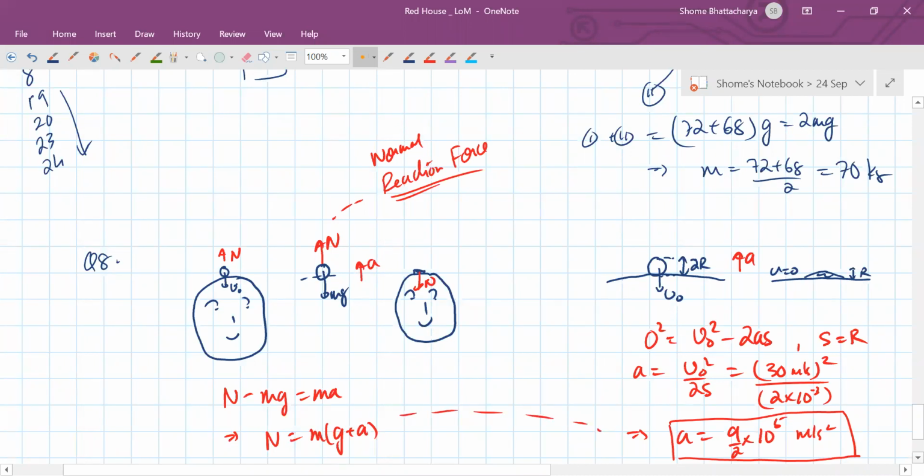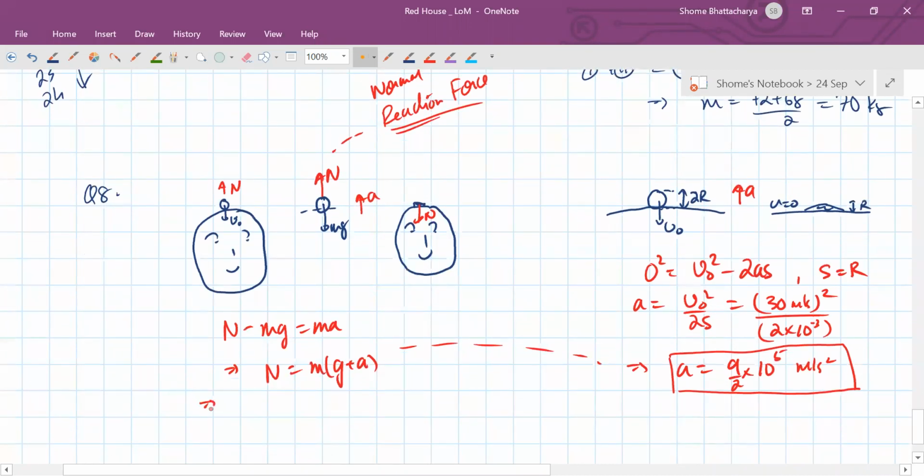This will become the mass, which is given as 4 milligrams, so 4 into 10 raised to the power minus 3 into 10 raised to the power minus 3 kg, into 9.8 plus 4.5 into 10 raised to the power 5, in meters per second squared.